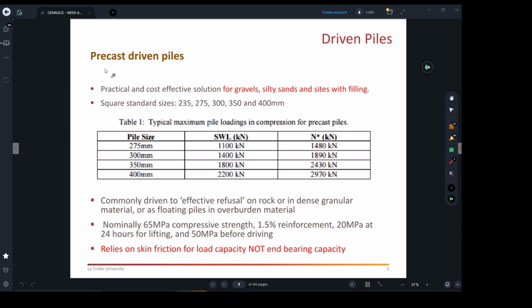But today, especially driven precast piles, they can be used to improve the soil conditions under a building or under a road. For example, about 5 years ago, they did major redevelopments on the Western Ring Road.